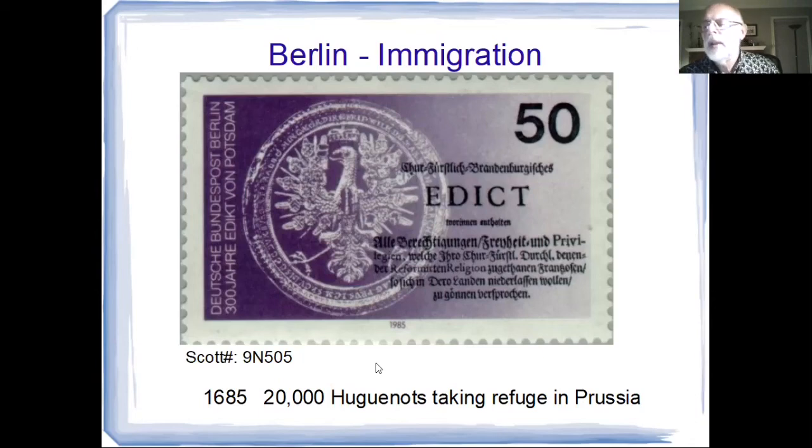So the ruler of the time invited refugees from France, the French Protestants who were persecuted there, the Huguenots, and established even special rules for them so that they could continue their religion. Huguenots were Calvinists. Prussia, or at the time Brandenburg, was Lutheran. So he made sure that they could keep their traditions, which also resulted in that at the beginning of the 18th century, 25% of the population of Berlin was French-speaking.